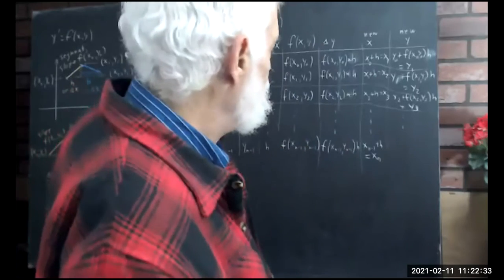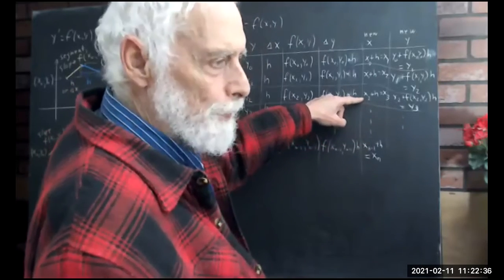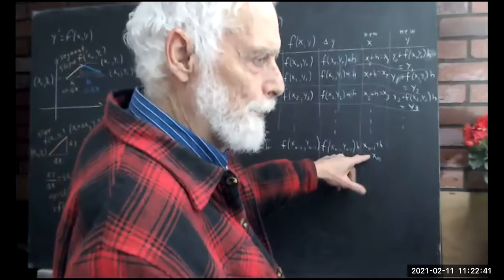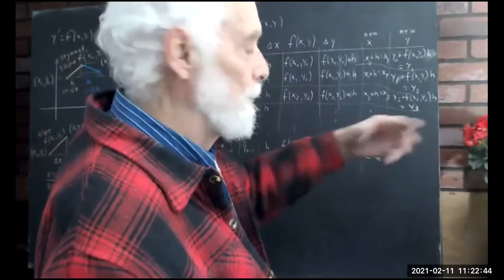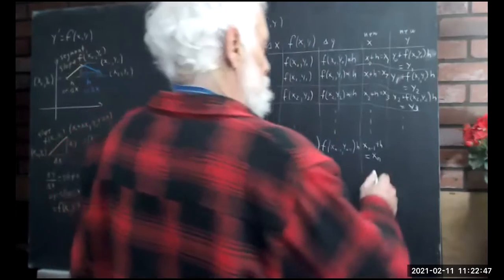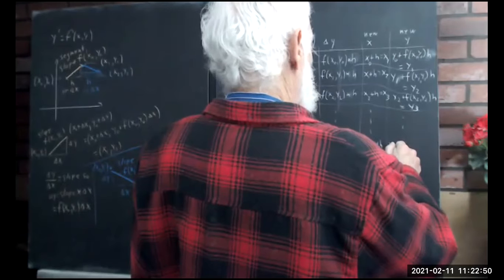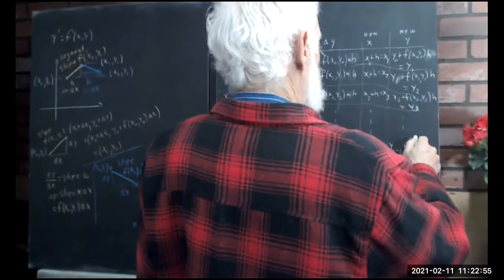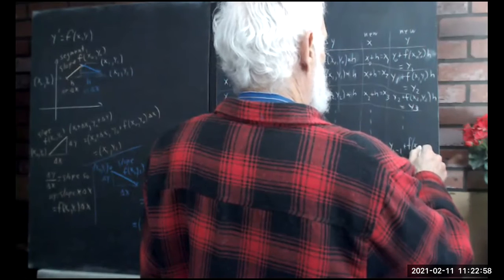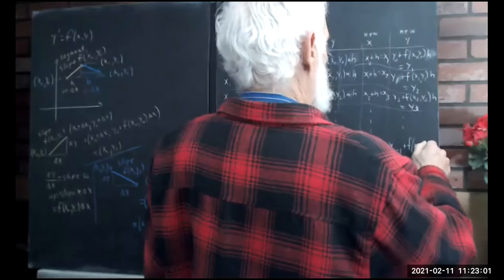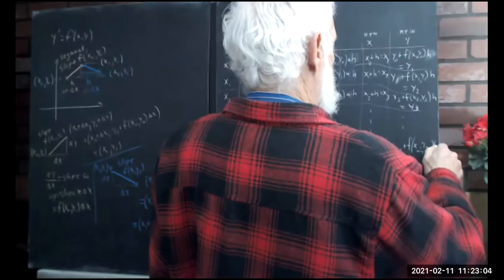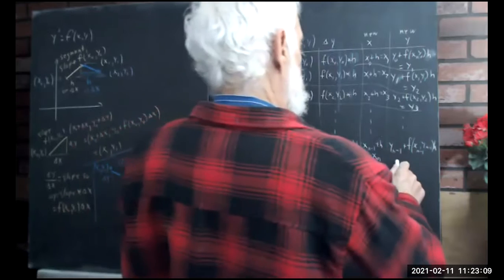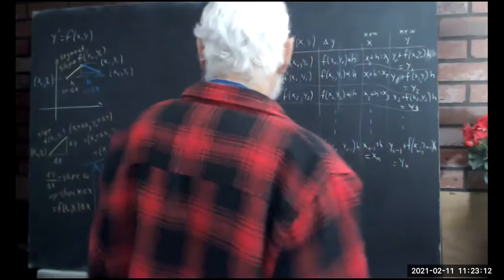Because, of course, every time the subscript of x increases by 1. If I increase n minus 1 by 1, it gives me n. That's pretty obvious, but we want to make sure we say it. And then we have y n minus 1 plus f of x n minus 1, y n minus 1, h, and the h is kind of squeezed in there, and that equals y sub n.